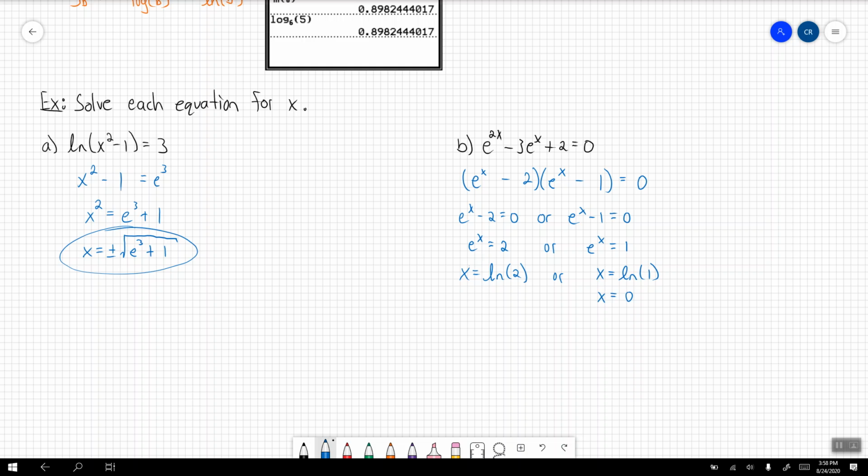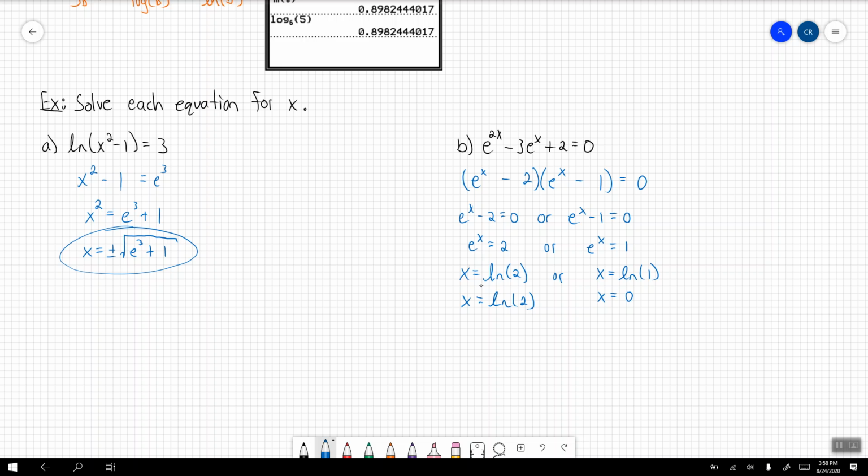will get us 0. Natural log of 2 doesn't get us any nice number, it just stays as the natural log of 2. And again, you can go through and verify. Make these substitutions into your equation here and check to see if you get the same result.